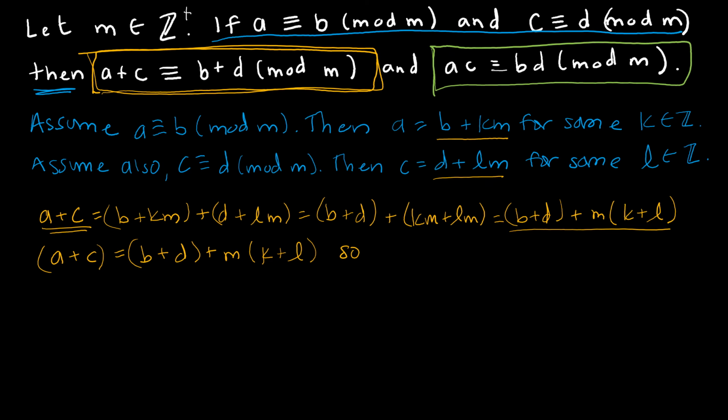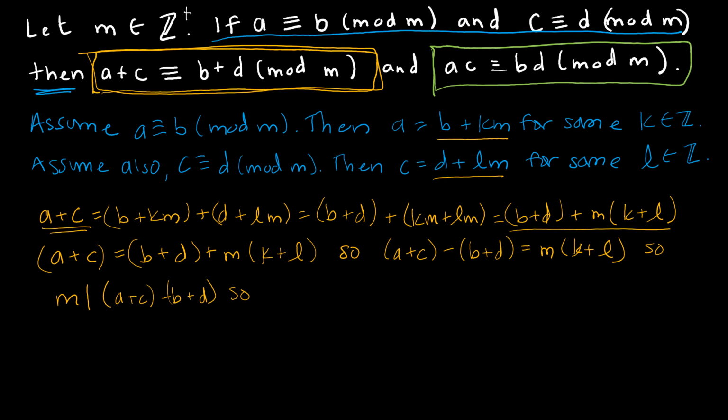So (A plus C) minus (B plus D) is equal to M times (K plus L). And what does this mean? If we have M times (K plus L), so M divides (A plus C) minus (B plus D). So A plus C is congruent to B plus D mod M.